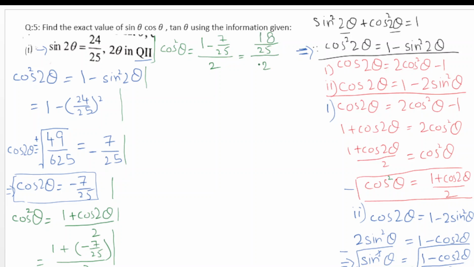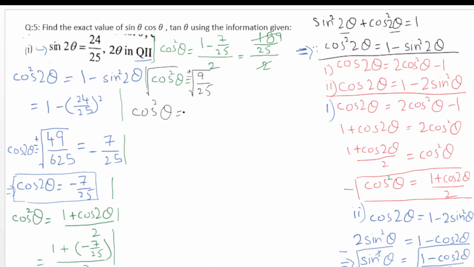After cancelling, you can cancel over here 9 times 18. So it will be simple, cos square theta will be equal to 9 by 25. Now we will take the square root, and we write here plus minus. After solving, you can remove the square because it took the square root.